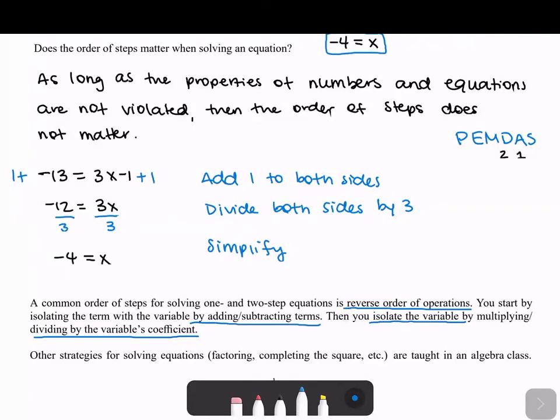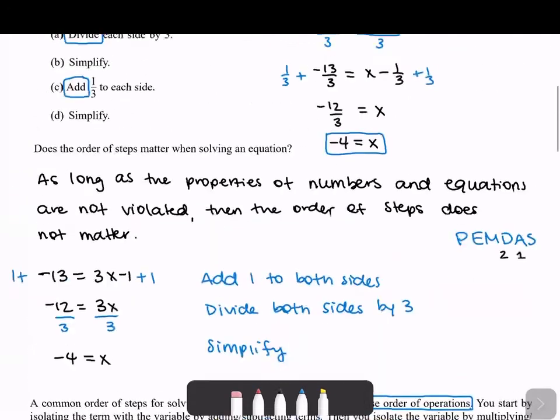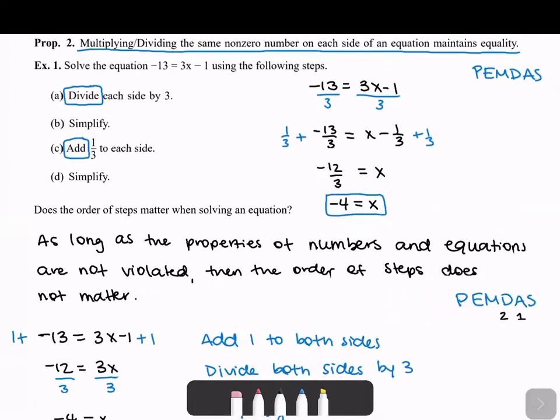There are a lot of other strategies to solve equations. We can do factoring, completing the square, but you should have learned those in an algebra class, and they're not that important when doing elementary analysis like we are. Just note that a lot of people tend to use the reverse order of operations. However, the way that I told you to do it in the first example is still valid.